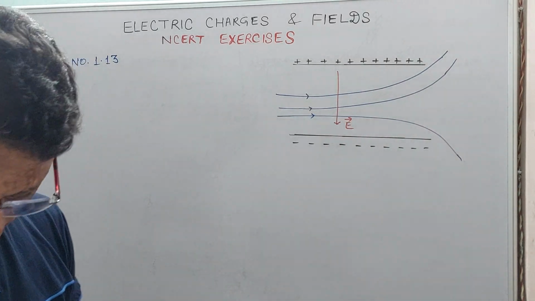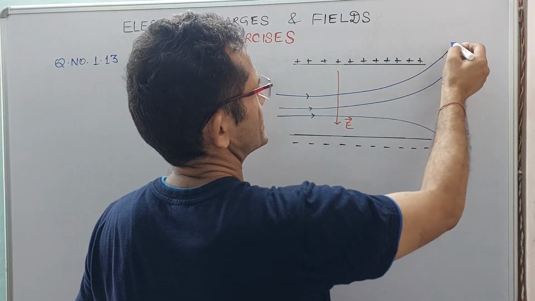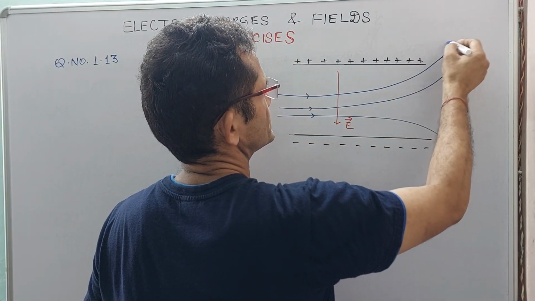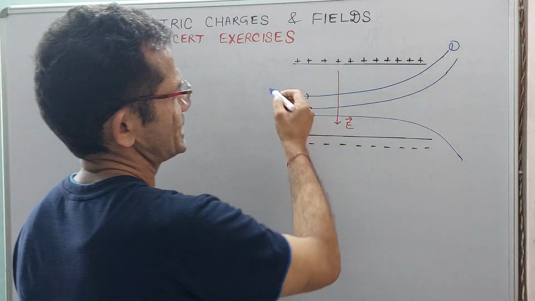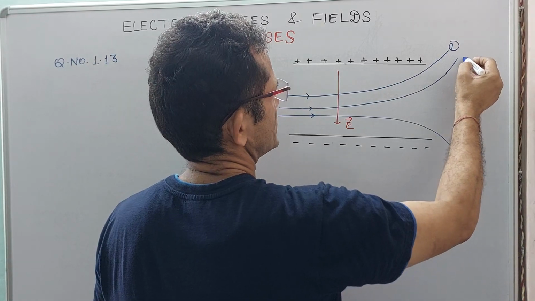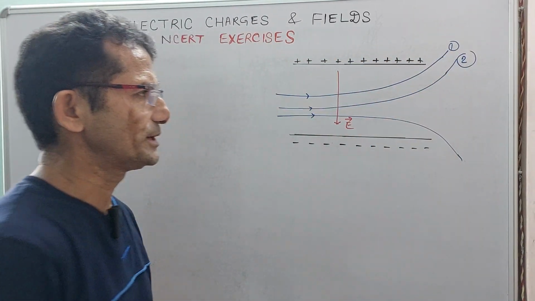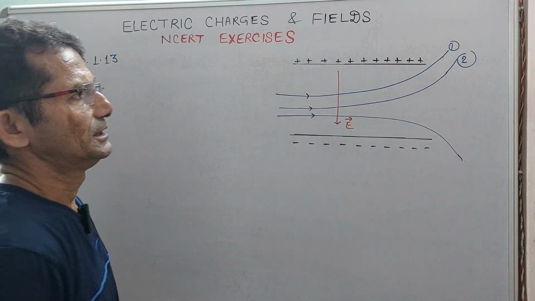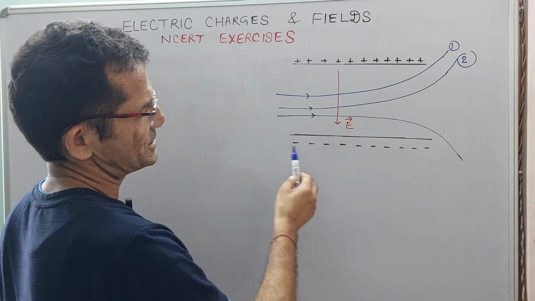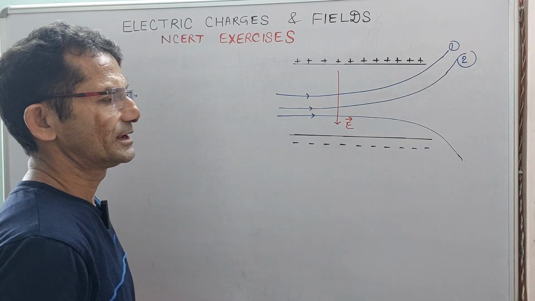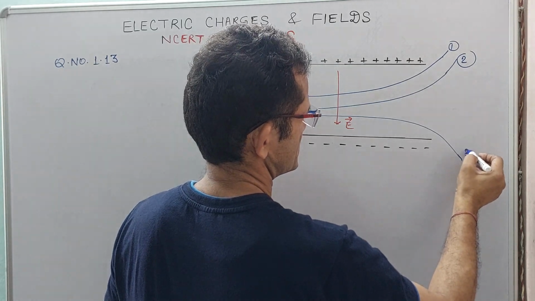Now here particle number one is deflected toward the positive plate, so it has a negative charge. Particle 2 also turns toward the positive plate, so it would also have a negative charge, and this is the third particle. The third particle turns toward the negative plate, so it would have a positive charge.